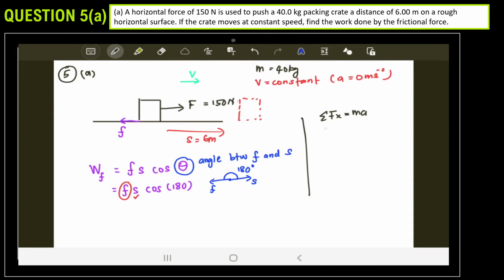So it's F minus friction is equal to ma, but it's constant speed, and a is equal to 0. Therefore, F is equal to f. So the frictional force is equal to 150 Newton.